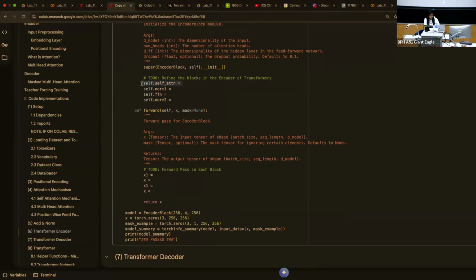So for this self-attention, we want to use the multi-head self-attention here instead of the basic self-attention that we learned, because that is also what everyone uses now, and nobody uses just the basic self-attention.